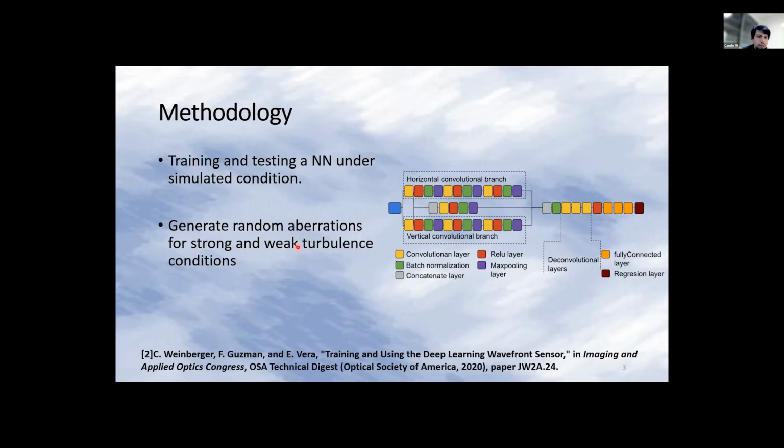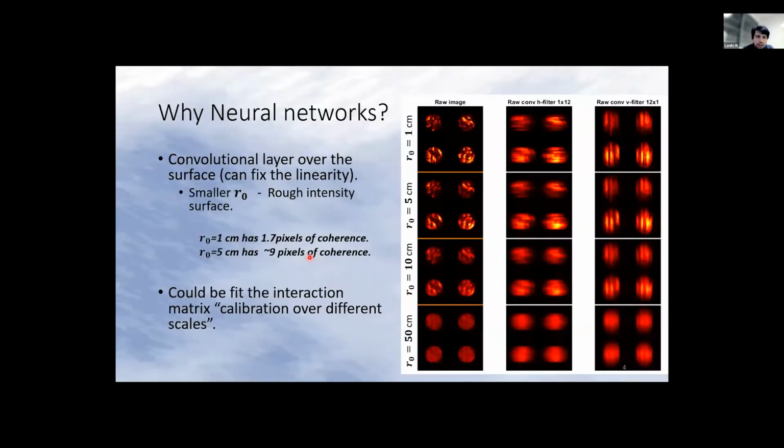And also we generate a random aberration for strong and weak turbulent condition, because we want to make a kind of reconstruction matrix not just with a low deformation as the pyramid system does. We want to include a lot of deformation to have a better reconstruction matrix.